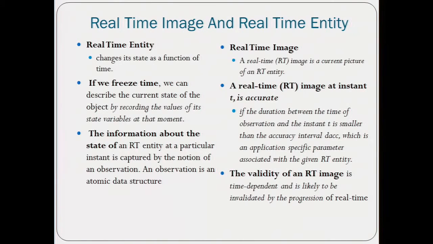So a real-time entity changes its state as a function of time. If we freeze time, that is the situation, a snapshot of the system. Now, the information about the state of an RT entity at a particular instant is captured by an observation. So I am observing the system, looking at what it's doing.